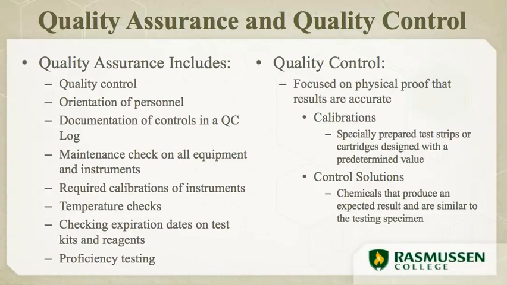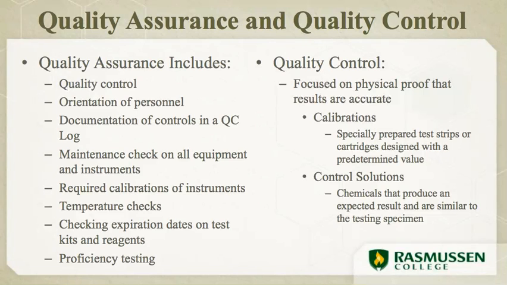Quality assurance should include quality control, orientation of personnel, documentation of quality control logs, maintenance checks on all equipment and instruments, required calibrations of instruments, temperature checks on refrigerators, freezers, and equipment, checking the expiration dates on test kits and reagents, and providing proficiency testings.